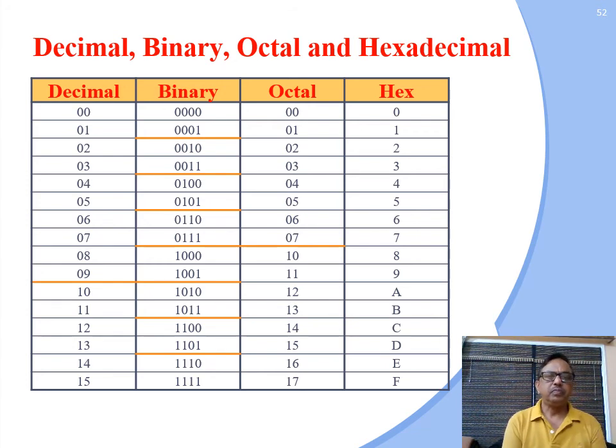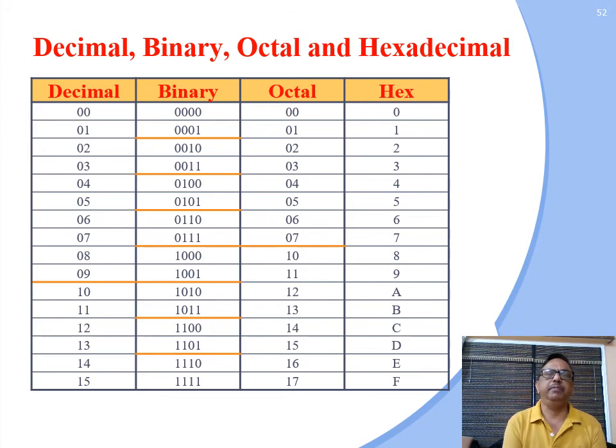Today we have seen the definition of number system, and then we understood the decimal number system, whose base is 10, because it has 10 distinct symbols from 0 to 9.